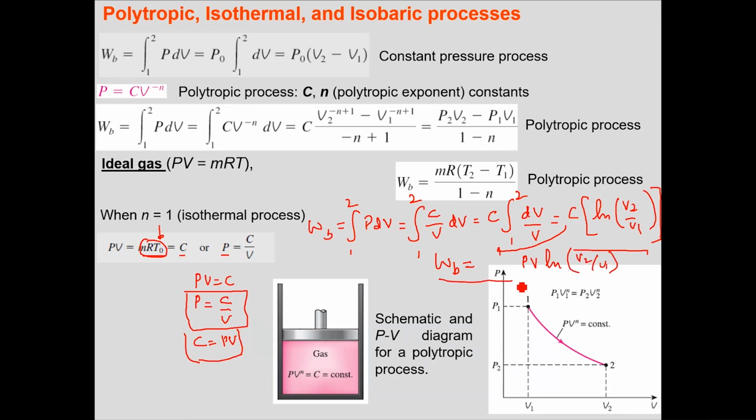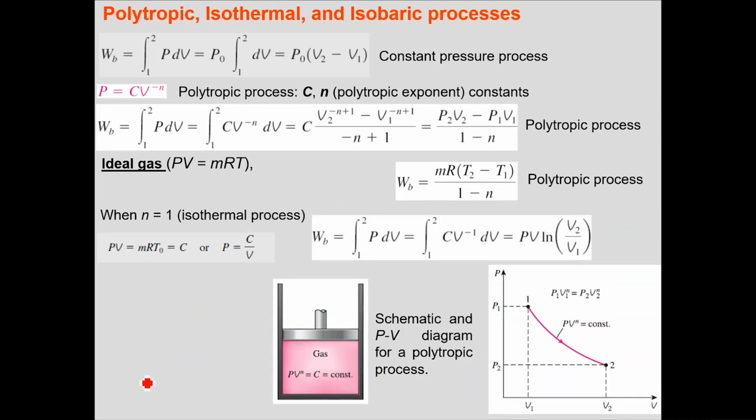This is the boundary work for an isothermal process undergone by an ideal gas, or for a polytropic process where n is equal to 1. So for a polytropic process where n is equal to 1, or for an ideal gas undergoing an isothermal process, the boundary work is essentially equal to PV ln V2 over V1. Clear enough?